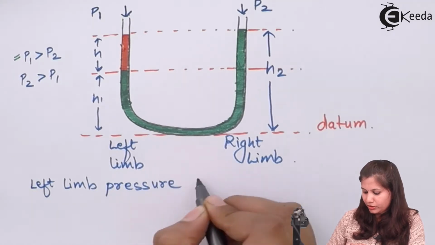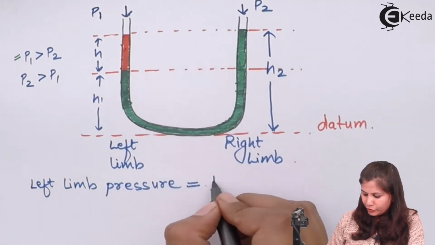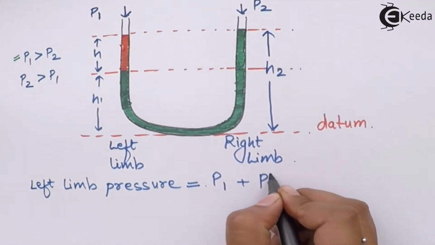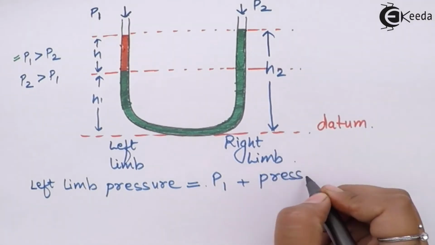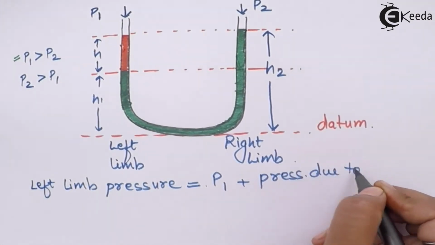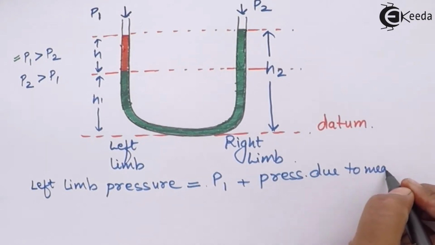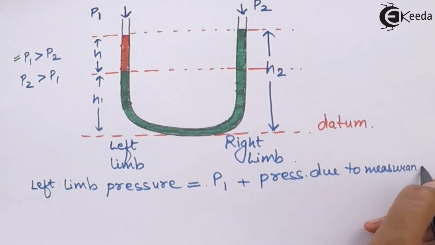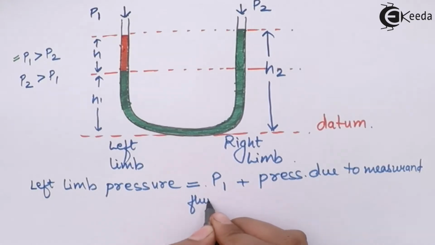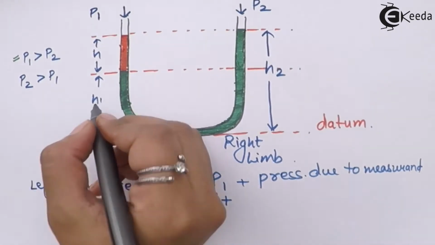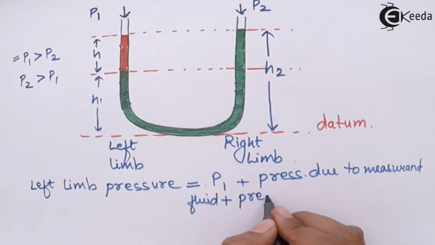Left limb pressure is equal to pressure P1, pressure due to measuring fluid. Measuring fluid means the fluid whose pressure we want to measure, plus the pressure due to mercury.